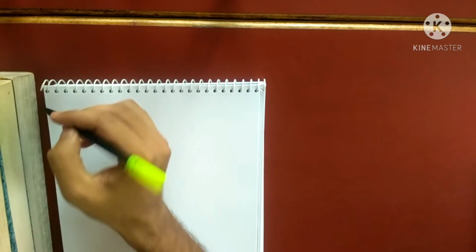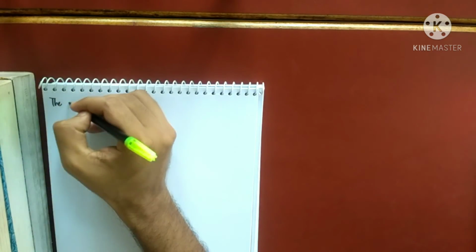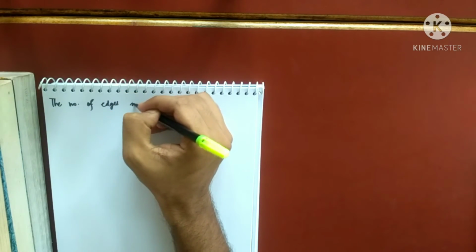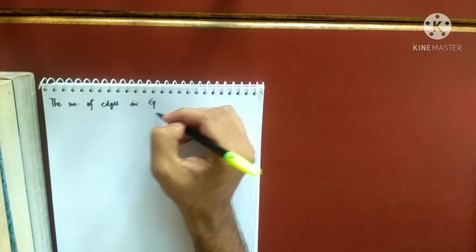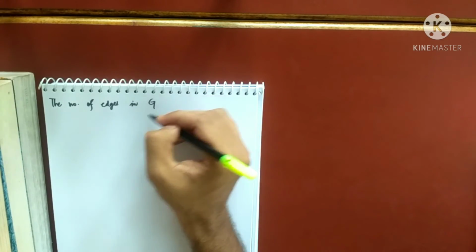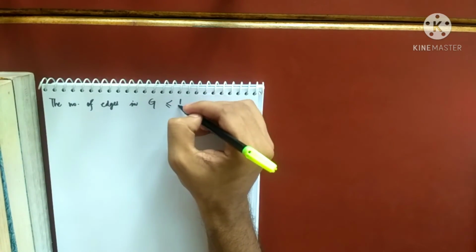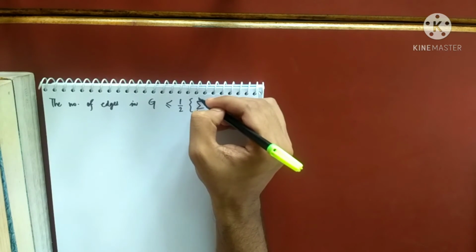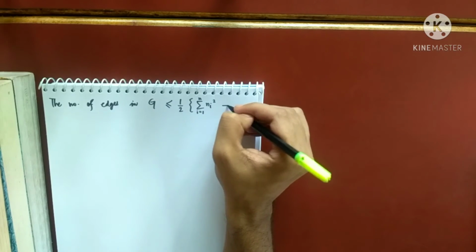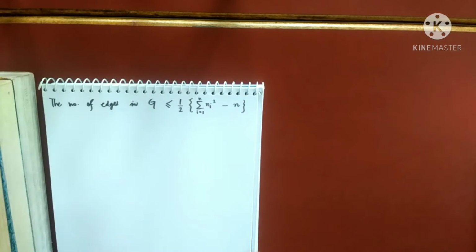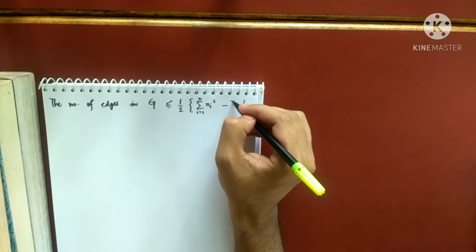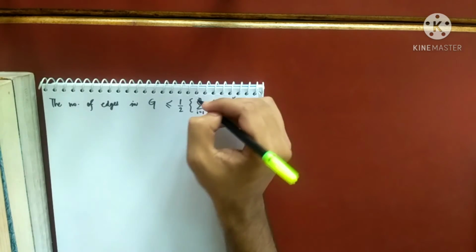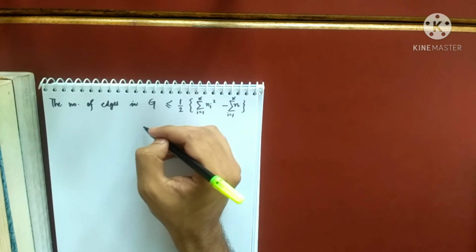So the number of edges in G was basically less or equal to half summation ni square minus n, because summation ni is nothing but n. Now just put the estimate.